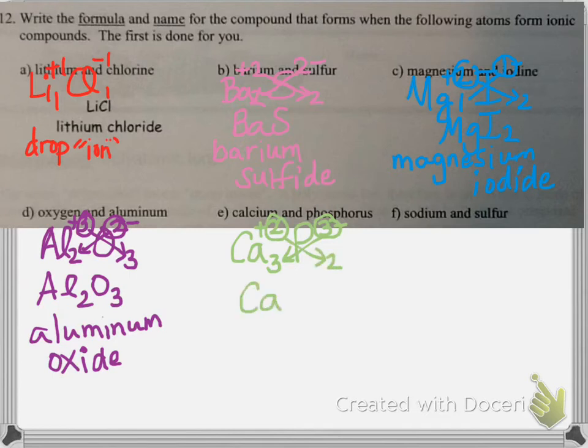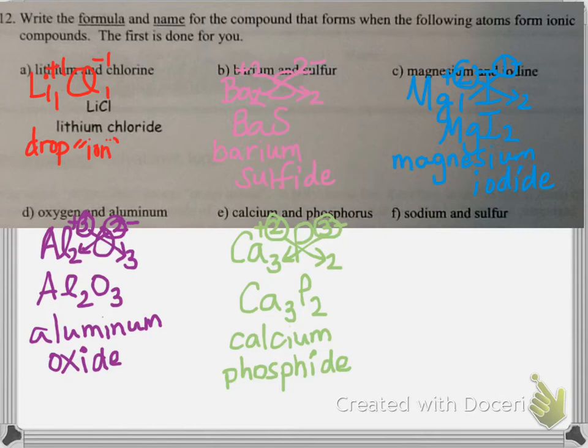So I have Ca3P2. Calcium becomes calcium ion. Phosphorus becomes phosphide. So this compound is calcium phosphide. So notice to name them, I'm just combining the name of the cation and the anion, dropping the word ion.